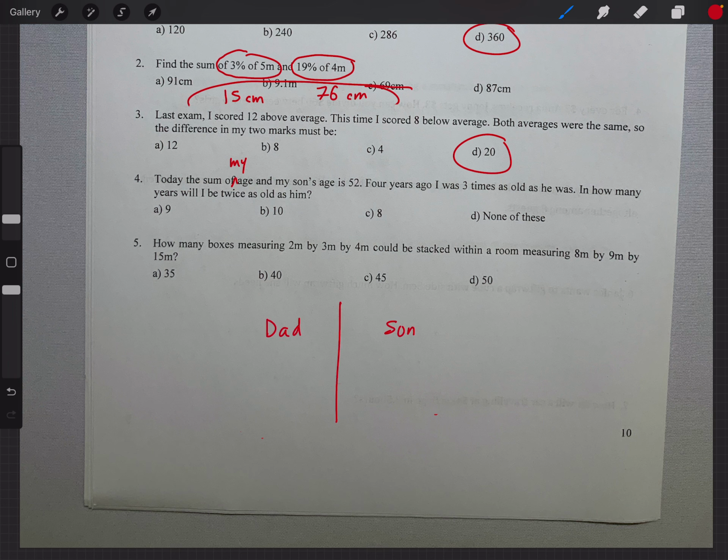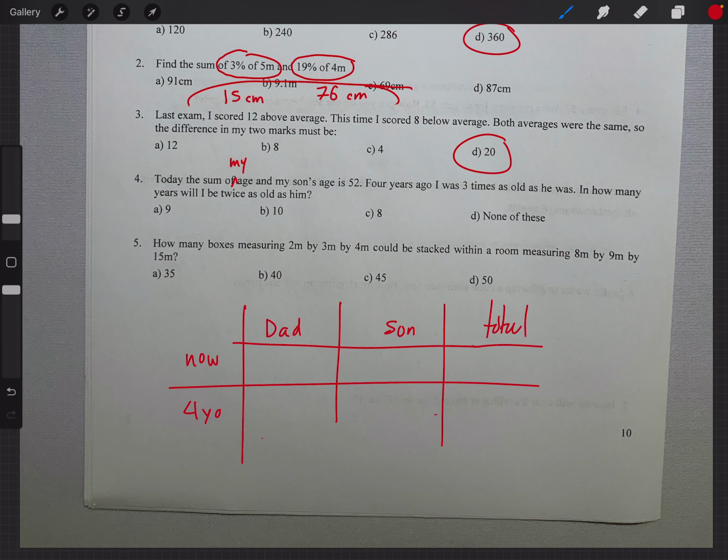This is now. This is 4 years ago. So we know that the total between dad and son now will be 52. 4 years ago, I was 3 times as old as he was.